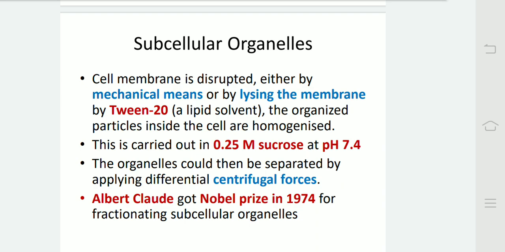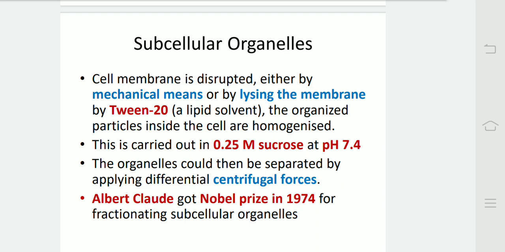Cells contain various organized structures collectively called cell organelles. When the cell membrane is disrupted, either by mechanical means or by the membrane, the organized particles inside the cell are homogenized.